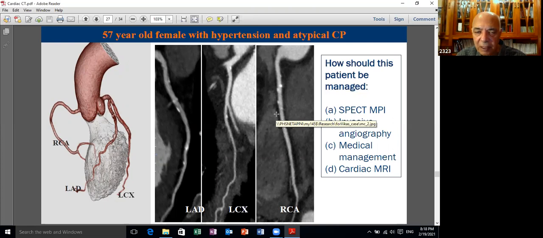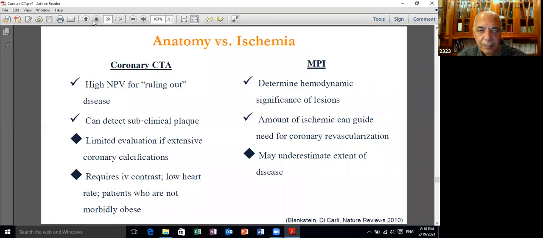We know that this kind of disorder, if it is numerous, is equivalent to obstructive plaques. Ischemia should be treated, but treated medically, obviously, with no intervention, and therefore no further imaging is required because intervention is not going to help anything.